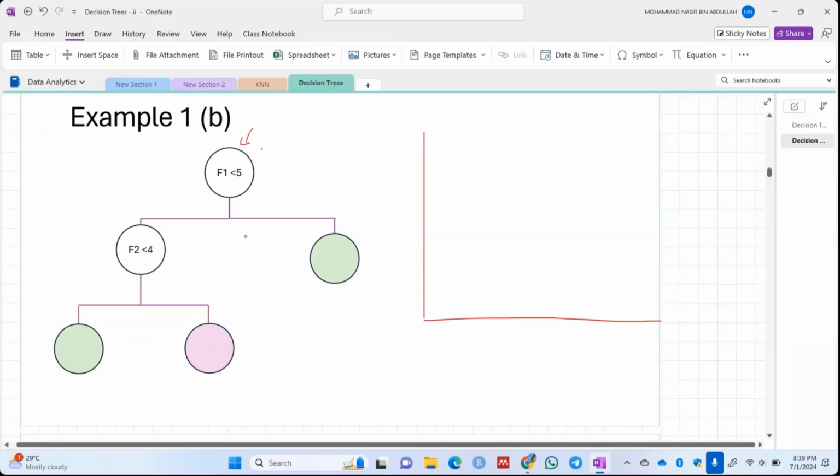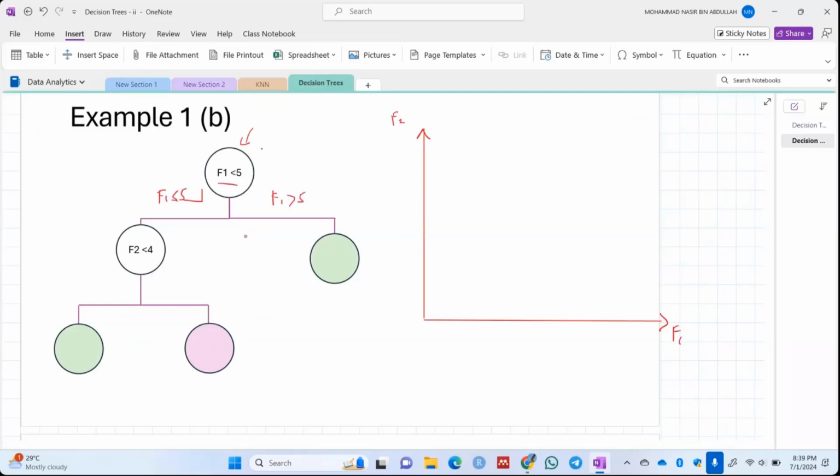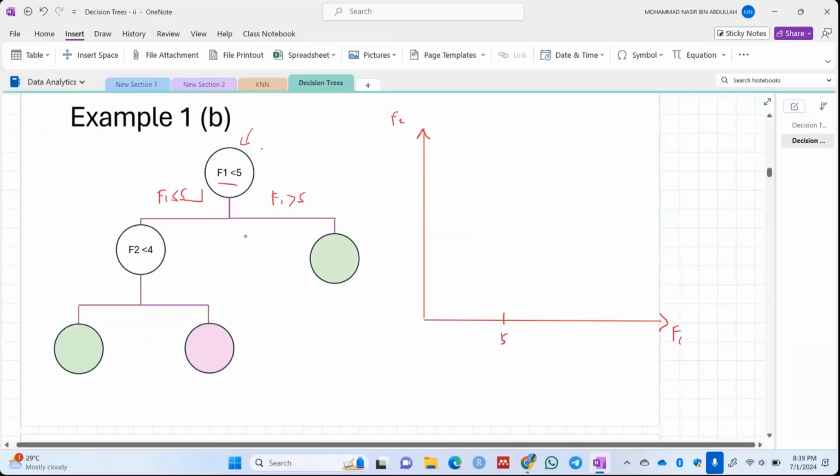Let's say this is f1 and this is f2. For the root node, the decision rule is based on f1 less than or equal to 5, and the other branch is f1 more than 5. So the splitting point is 5.